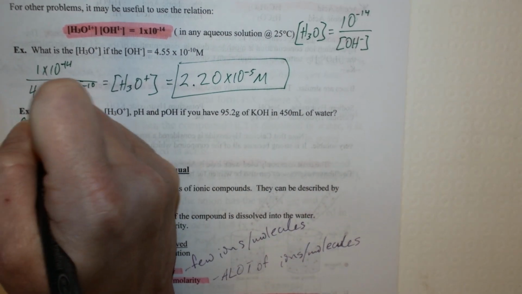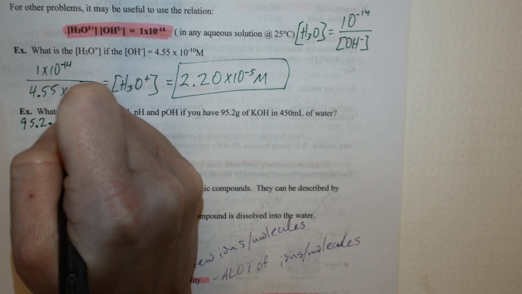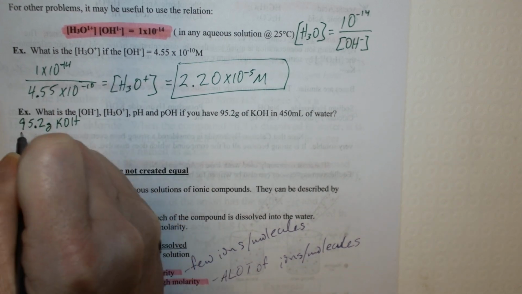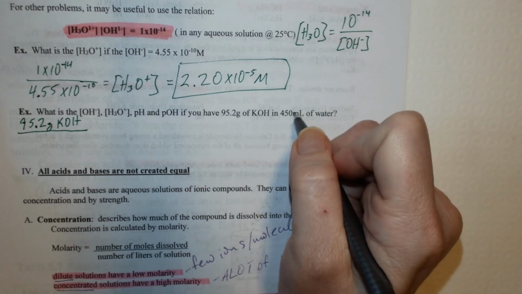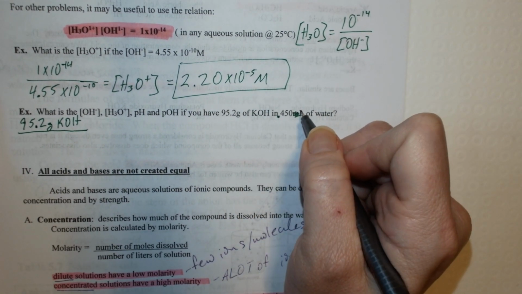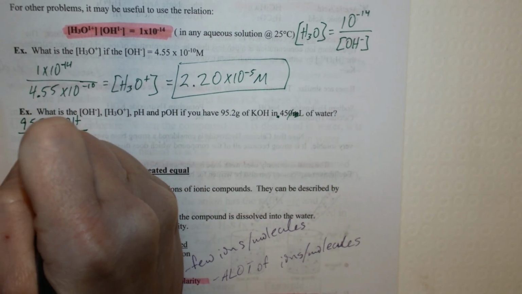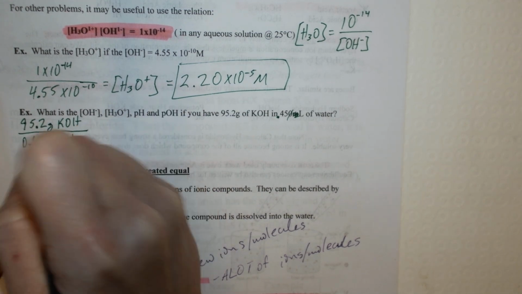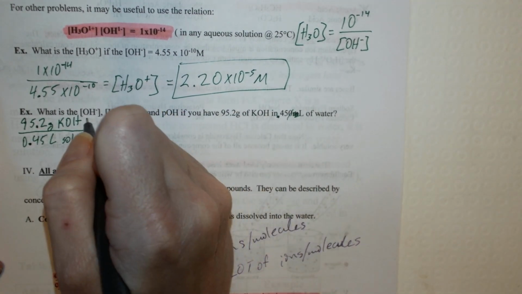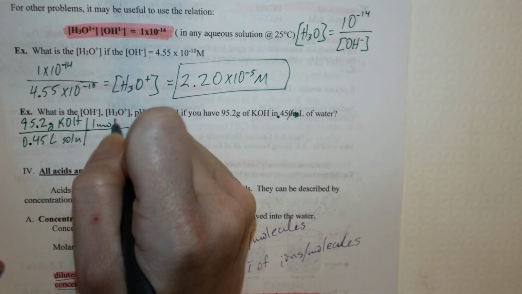So 95.2 grams of KOH in 450 milliliters. I don't like milliliters. I'm going to do 0.45, and that 0 goes away because there was no decimal. So 0.45 liters of solution. And then I have to convert that from grams to moles.